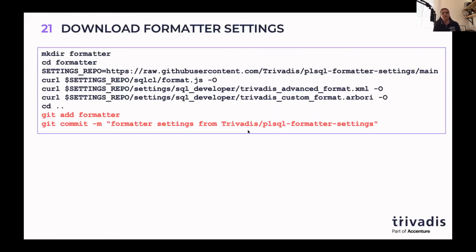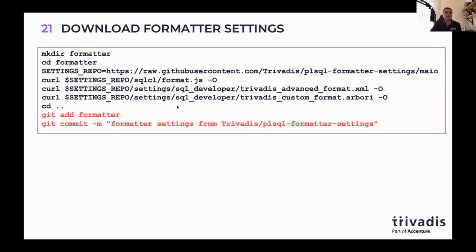What I do as a first step is, in my target repository, I create an explicit directory containing all formatter settings. I called it formatter in my repo, and there I downloaded this format.js file, and I downloaded also the formatter settings, the XML and the Arbori file, which are used also in SQL Developer.